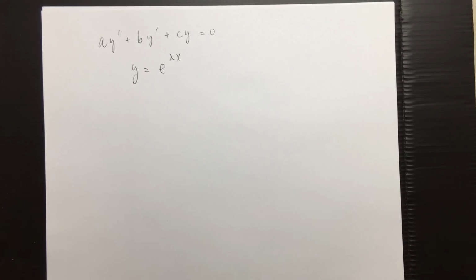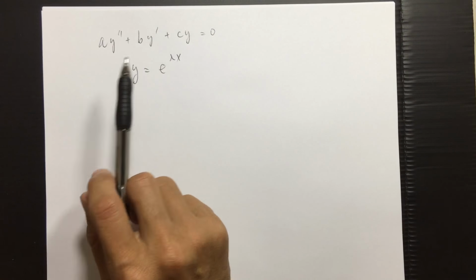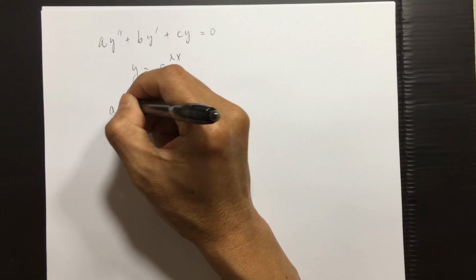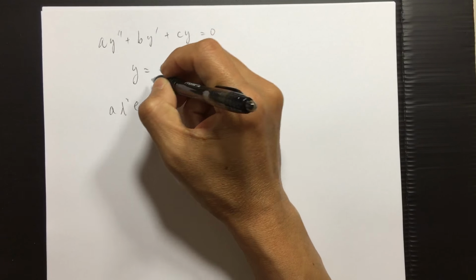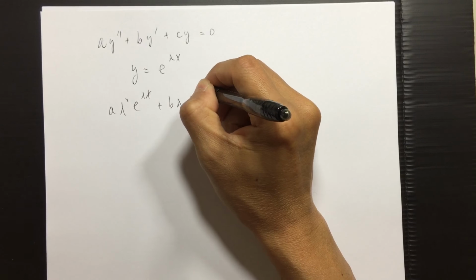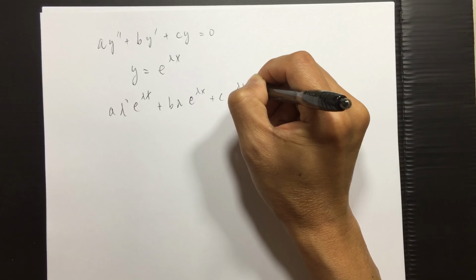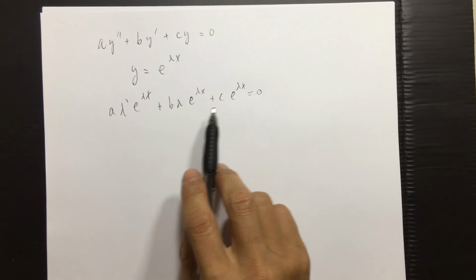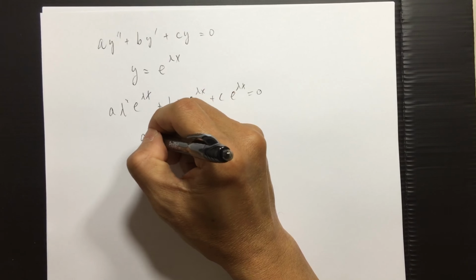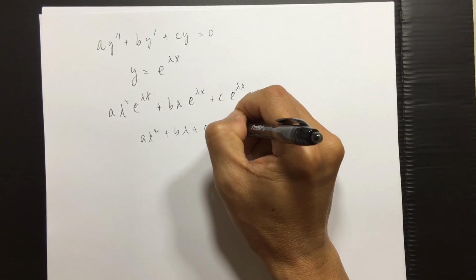You put this in, right? The derivatives, there are two: this becomes A lambda squared e to the power of lambda x, right? This is B lambda e to the lambda x. Then we take this e part out, becomes A, right?